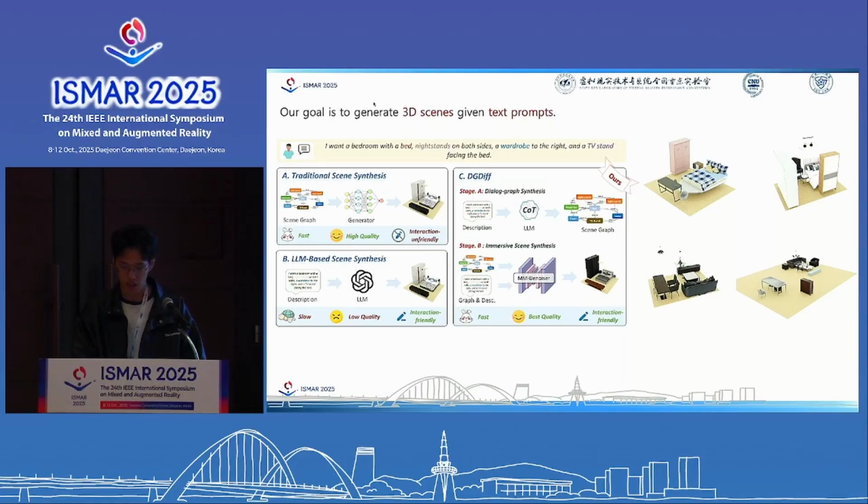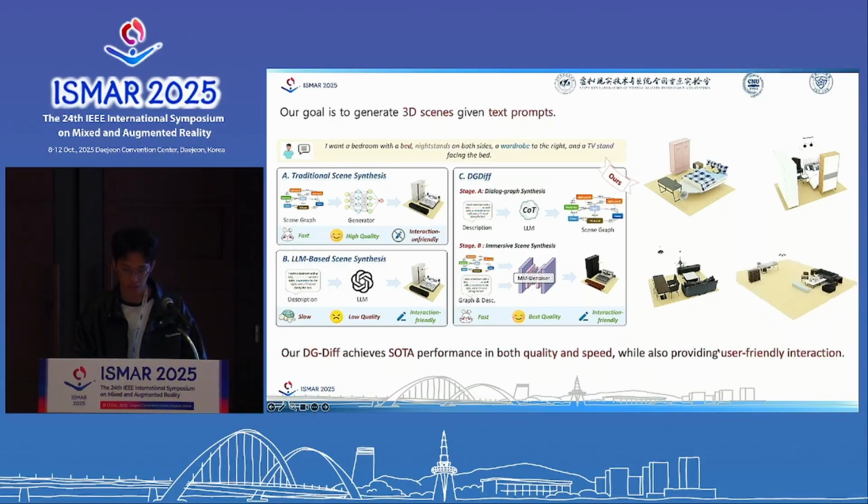Then, large language model-based scene synthesis takes raw text descriptions directly as input to large language models. Though it enables interaction-friendly design, it suffers from slow generation speed and low scene quality. In contrast, our DGD framework addresses these trade-offs with a two-stage pipeline.